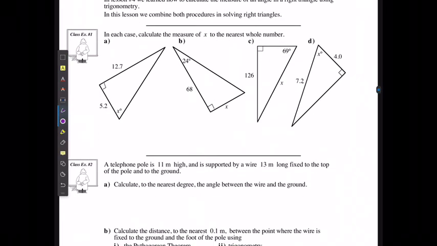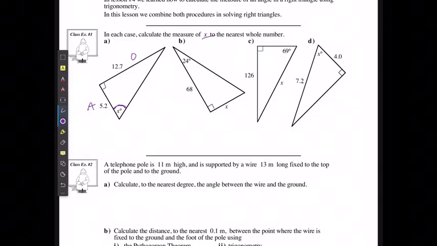So, for example 1, in each case, calculate the measure of x to the nearest whole number. Well, here I'm going to be solving for an angle, and I can see that I know my opposite and I know my adjacent.